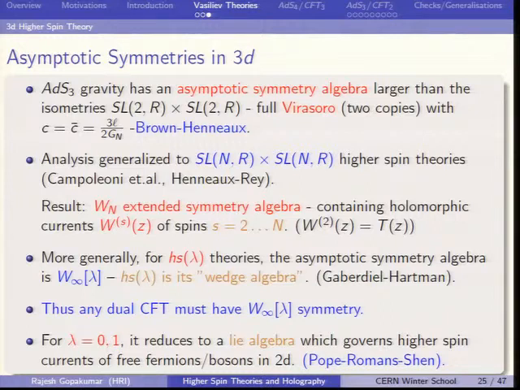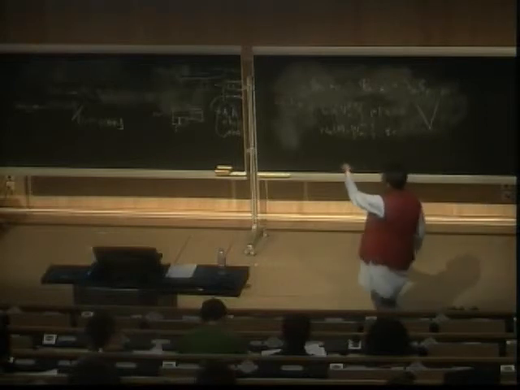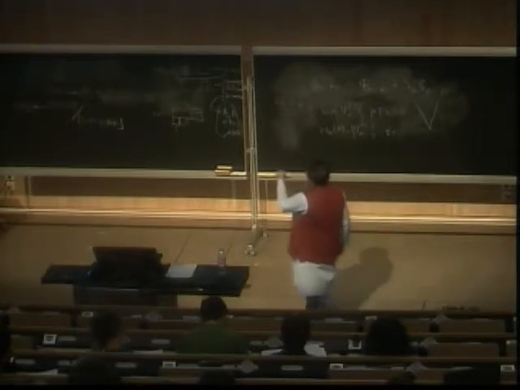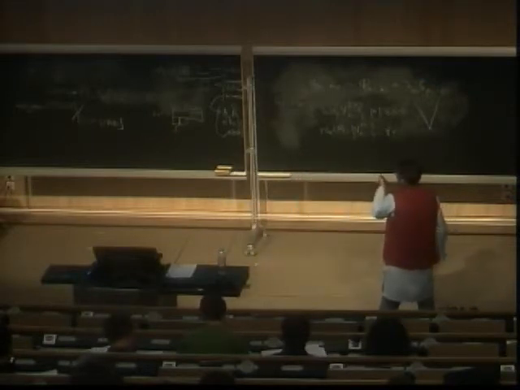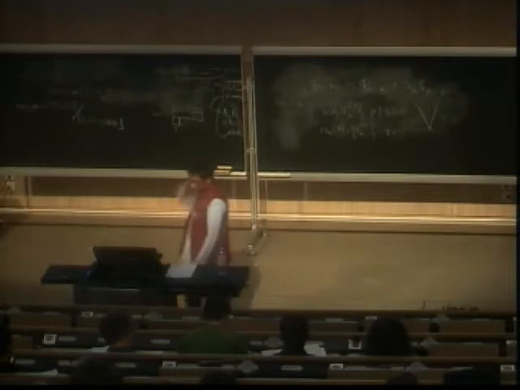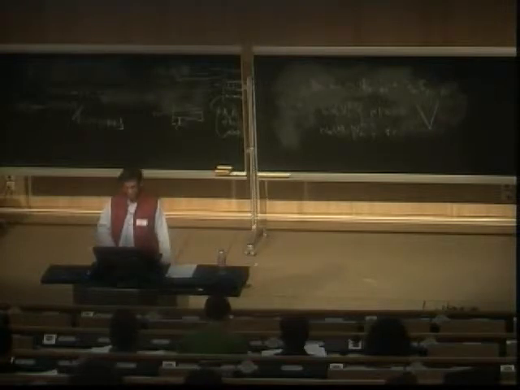Namely, the commutator of two terms generates products of terms on the right-hand side. But for lambda equal to 0 or 1, it reduces to a Lie algebra, which governs the higher spin currents of free fermions and bosons in 2 dimensions, as was shown long ago by Pope, Romans, and Shen.